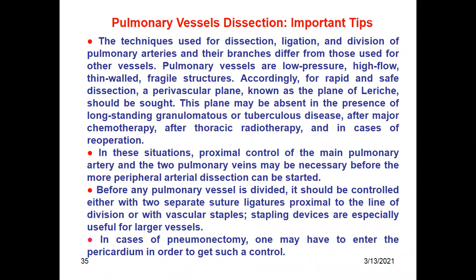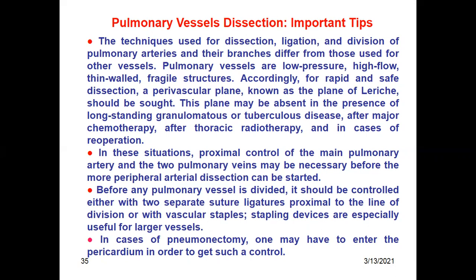So that if we encounter an injury of the peripheral vessels, we can easily clamp the pulmonary artery proximally and minimize the bleeding. And before any pulmonary vessel is divided, it should be controlled either with two separate suture ligatures proximal to the line of division or with vascular staples.